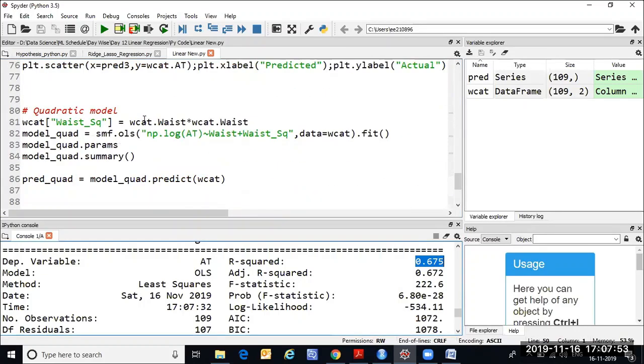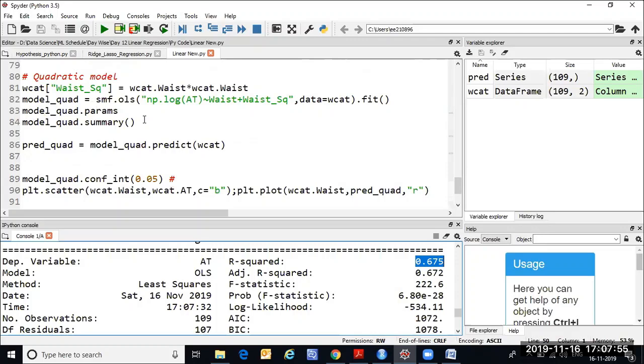Any doubts, friends? Any questions on the simple linear regression in R, Python, anything? Any questions? Yeah, that's right, Hanika.